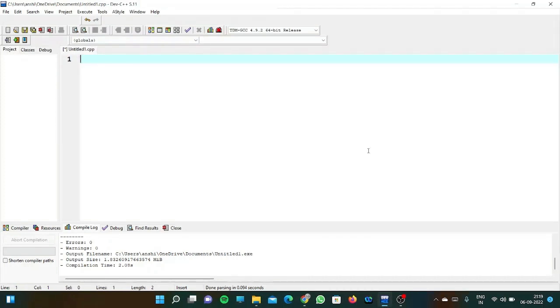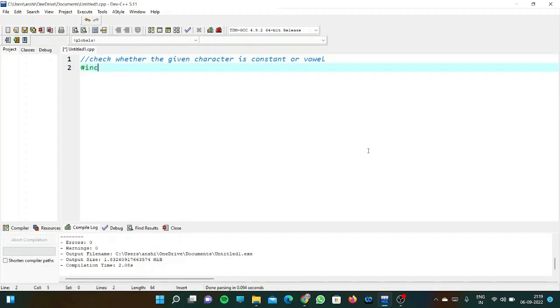So now we'll do one last question, that is check whether the given character is constant or if it is a vowel.